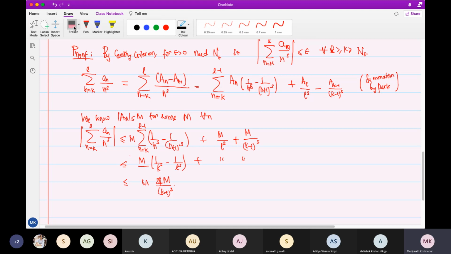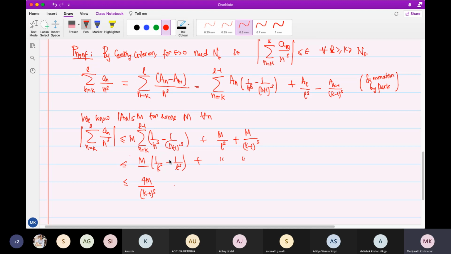There are 4 terms in all, and the denominator is at least k minus 1, so we'll write this.